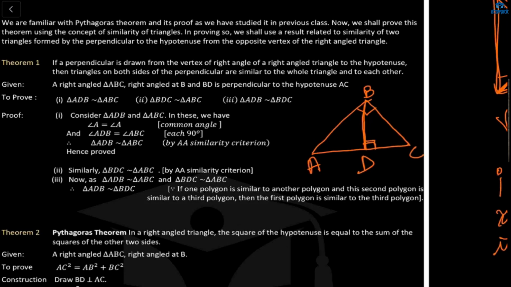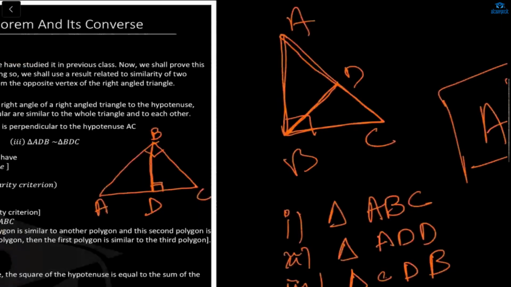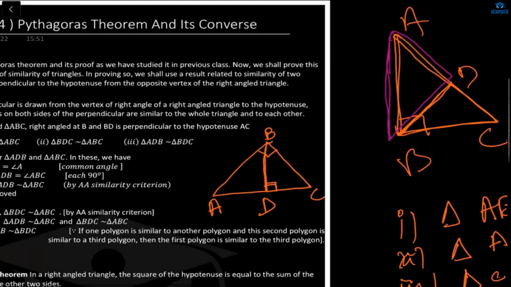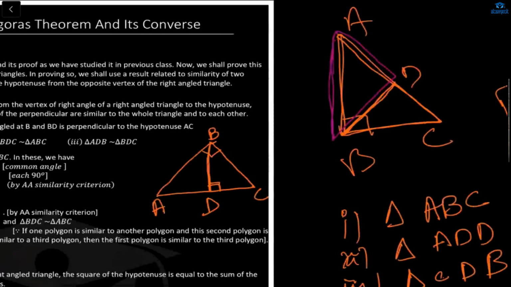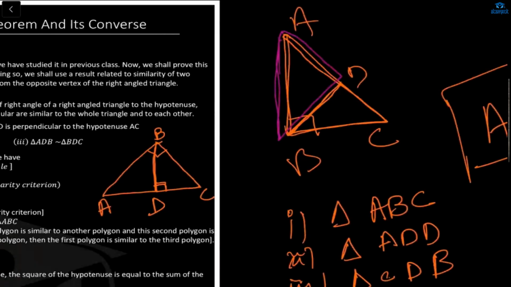Now, if you see the first one, ADB and the bigger triangle, can anybody tell me that for similarity, how can you prove that all three angles are equal to all three angles of the bigger one?